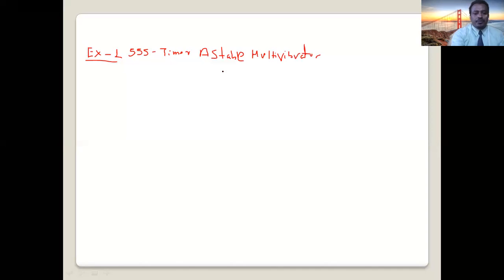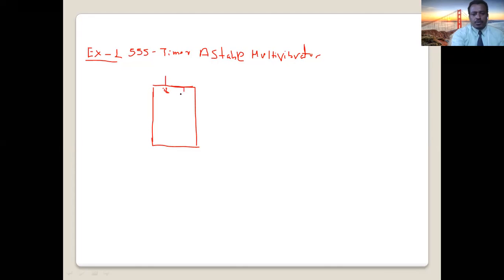Okay, so the circuit diagram, as you know, we need a 555 timer IC. This is our 555 timer. Okay, so as you know, pin number 8 is VCC.